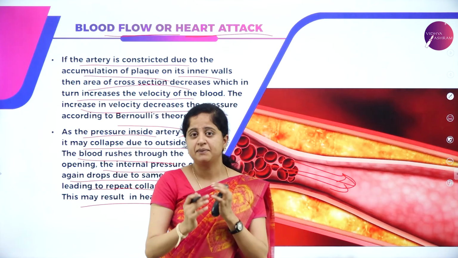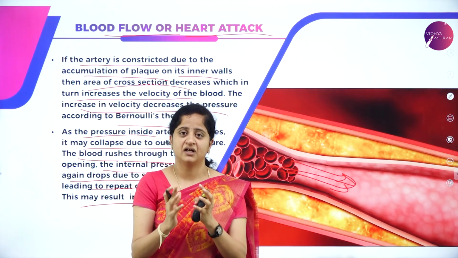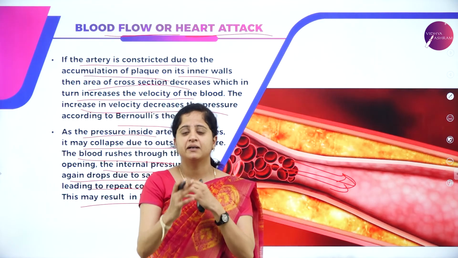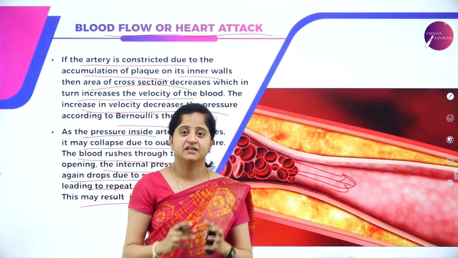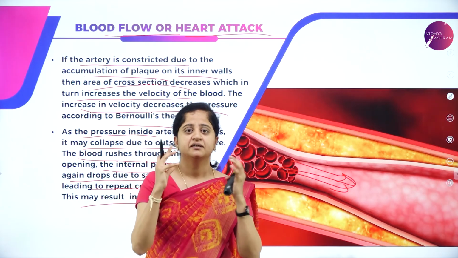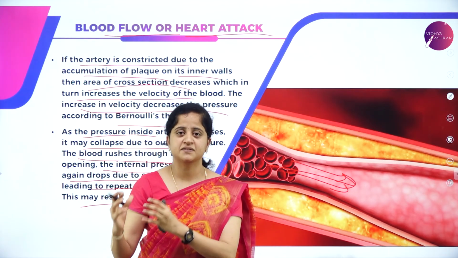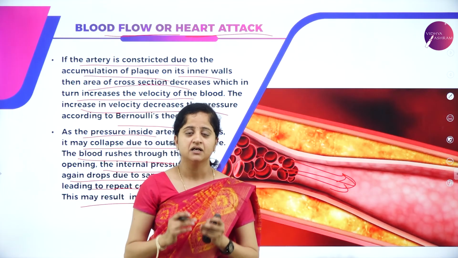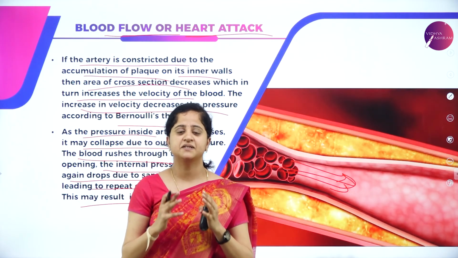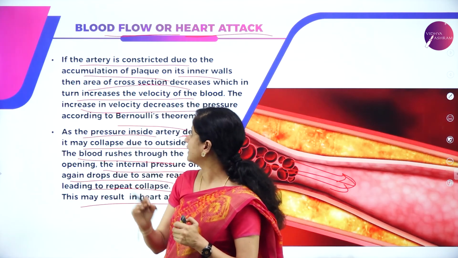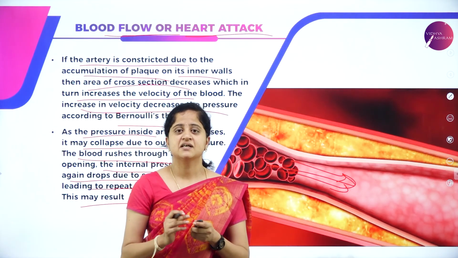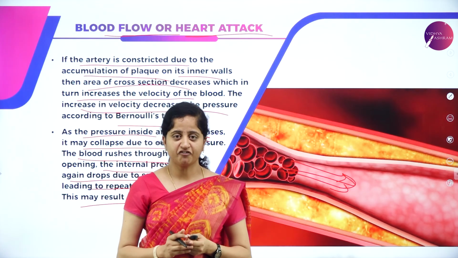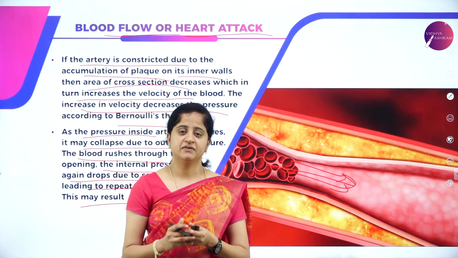As this repeats again and again, there will be repeated collapse because of this continuous decrease in pressure, and this causes a heart attack. So this can also help in understanding heart attack or blood flow. These are a few illustrations of Bernoulli's principle, and in the study of mechanical properties of fluids, we will study some more interesting concepts in the upcoming sessions.